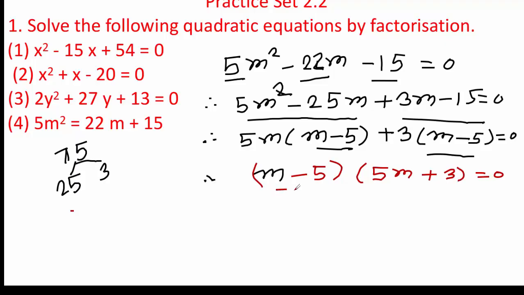Now from first bracket m minus 5 I can write m minus 5 equal to 0 or 5m plus 3 equal to 0.